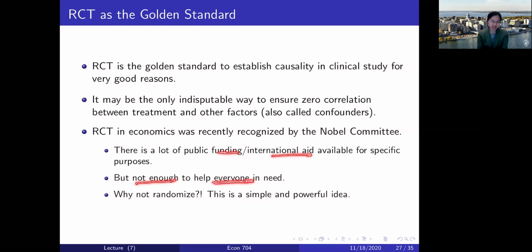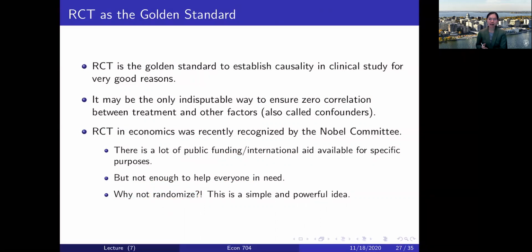So how do you allocate those fundings in a fair way? The idea is, why don't we randomize? If we randomize, we are allocating in a fair way.